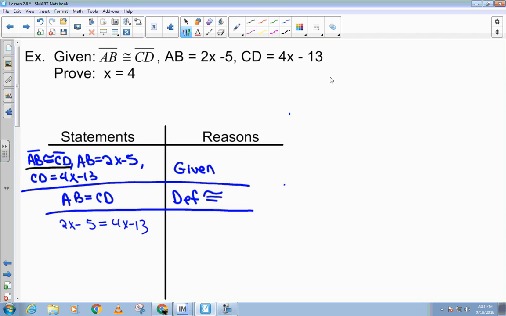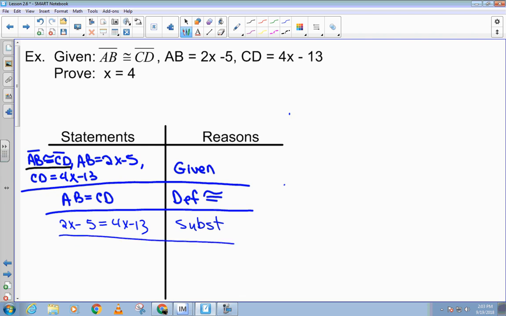Alright, and so that would be substitution. And then what would I do? Then you would start solving. Okay? And so, what would you do first? Okay, you're going to subtract 2x from both sides.